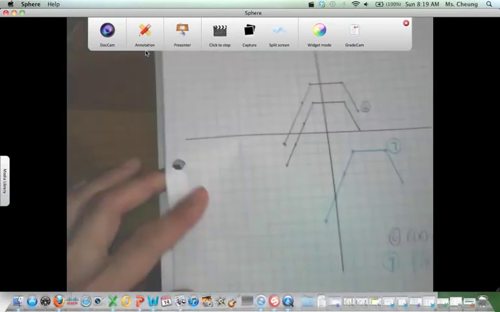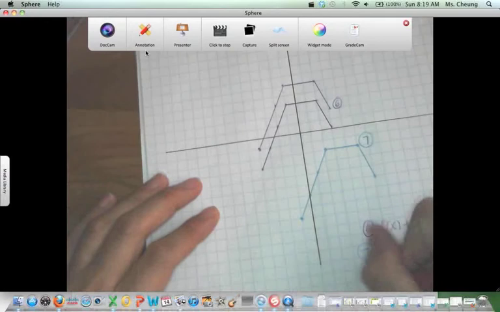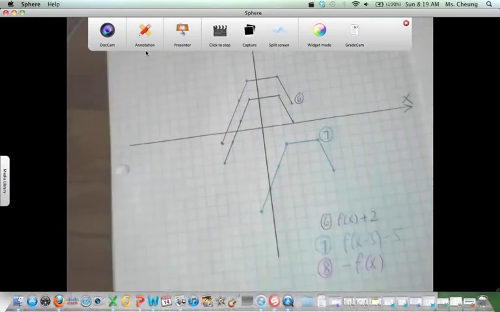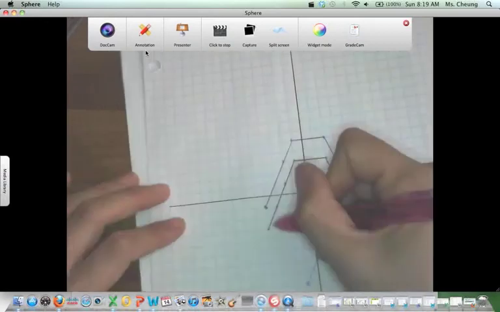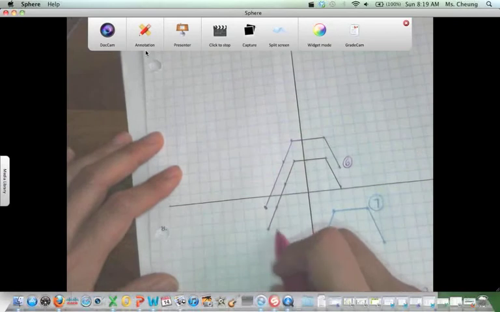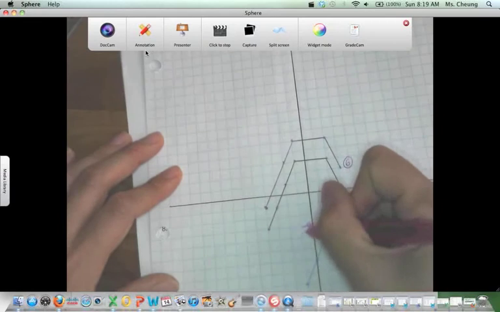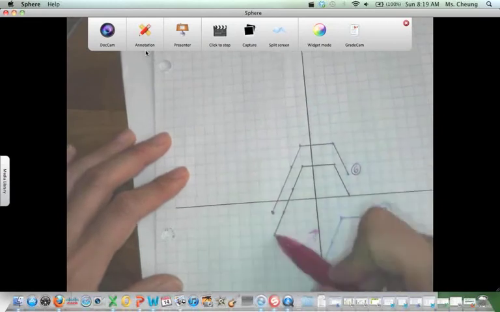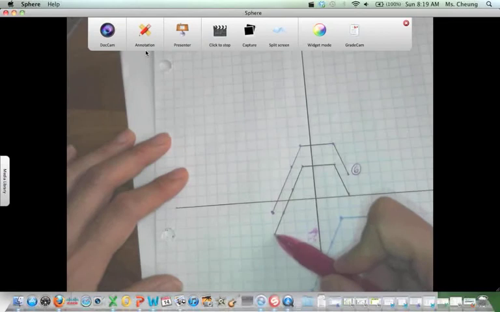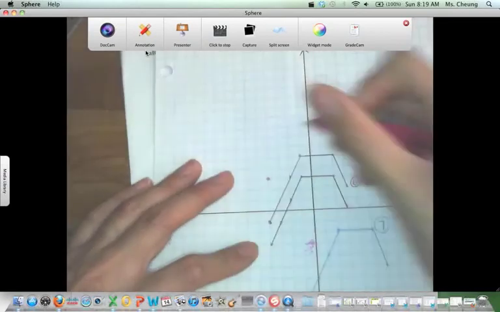This is number 8, negative f of x. The y coordinate of this point is negative 3. Negative 3 multiplied by negative 1 gives you positive 3, so positive 3 will be here. So this is the first point.